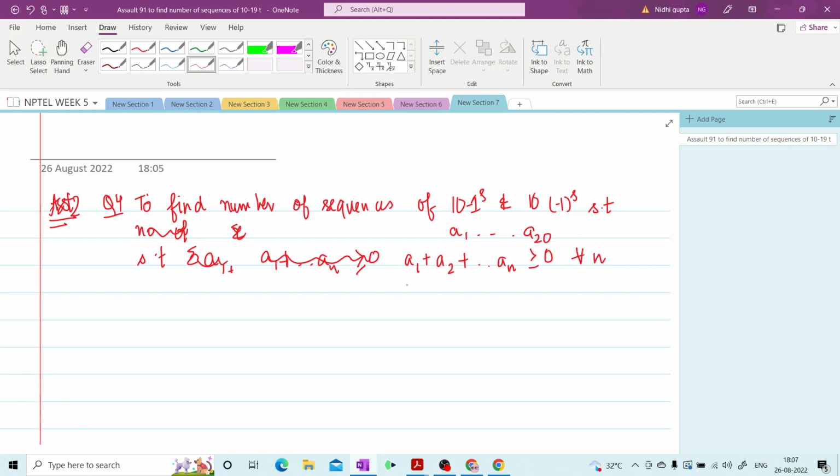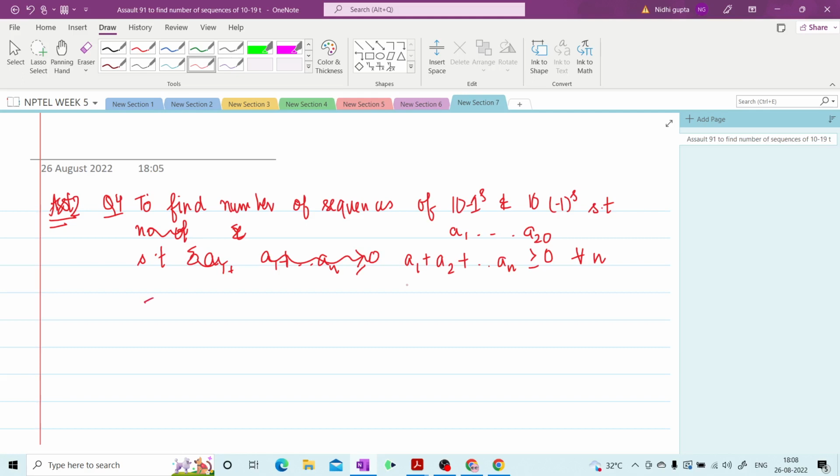Okay, so first of all, order does matter. You said that order won't matter, right? Order does matter, yes. But see, the arrangement of 3 plus 1s and, let's say, 2 minus 1s will be 5 factorial divided by 3 factorial into 2 factorial.